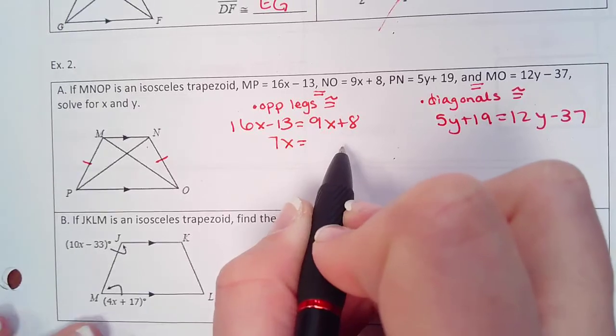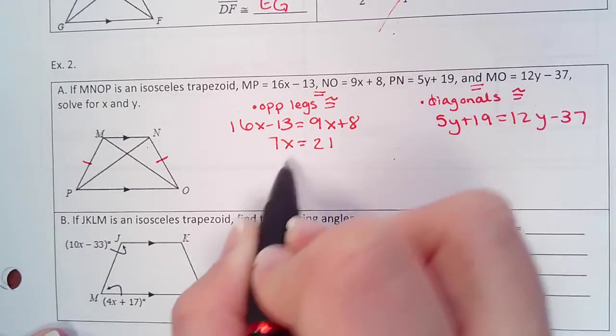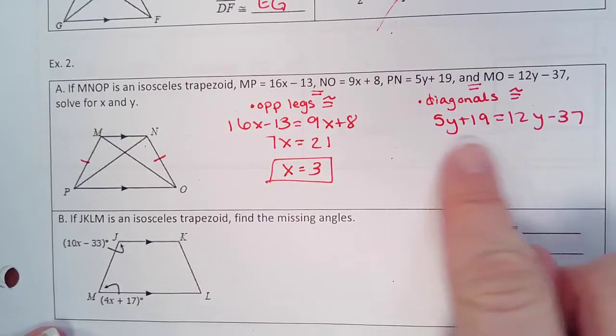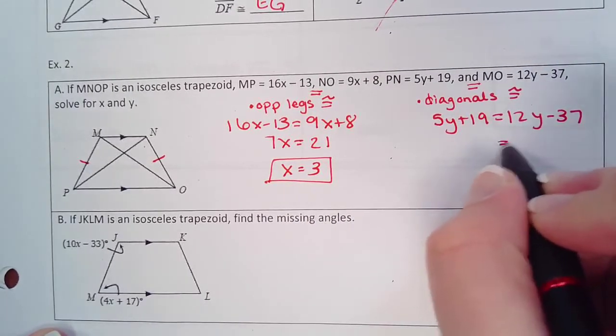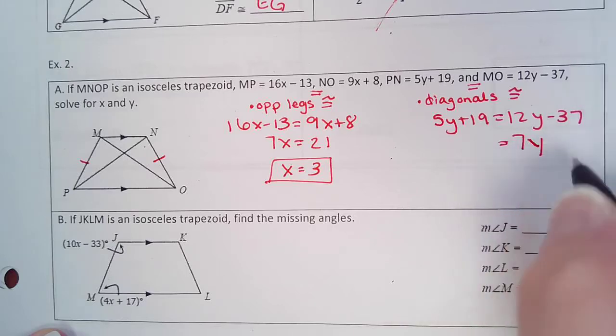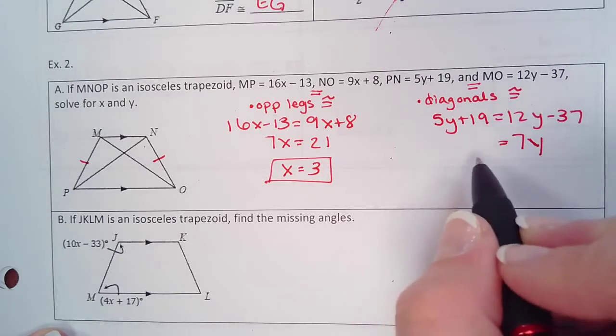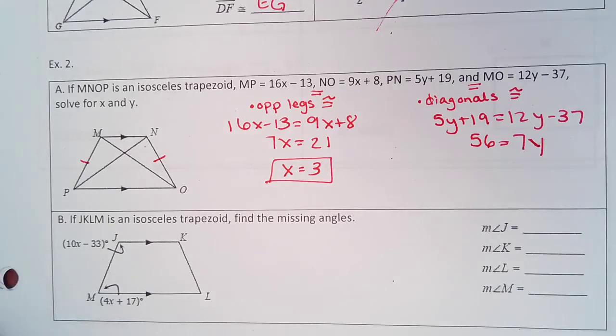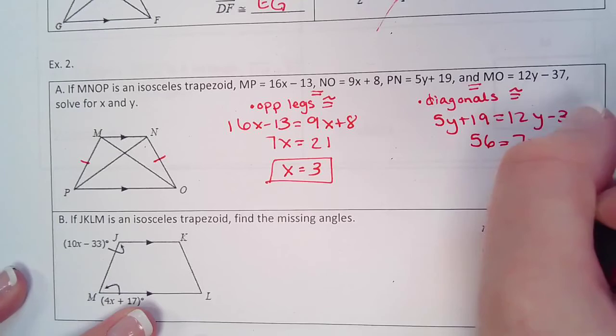Add 13, 8 plus 13 is 21, divided by 7, so x equals 3. Here, subtract 5, so 12 minus 5 is 7y, or sorry, this is y. Add 37, 19 plus 37 is 56. And divide by 7, so y equals 8.